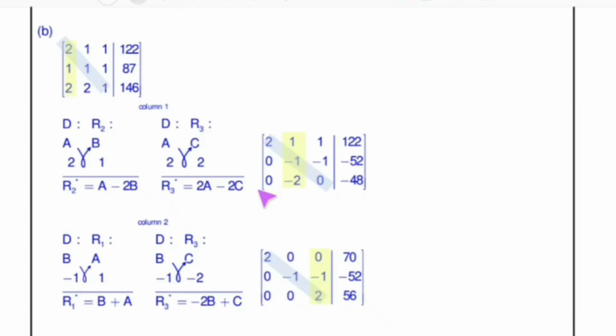B sama dengan negatif 1, A sama dengan 1, C sama dengan negatif 2. Okay, and then B plus A, negatif 2B minus negatif C. So negatif 2B plus C lah. Okay, so yang dekat sini tak berubah. Row kedua sama. And then kita kira untuk row pertama, kira untuk row ketiga.